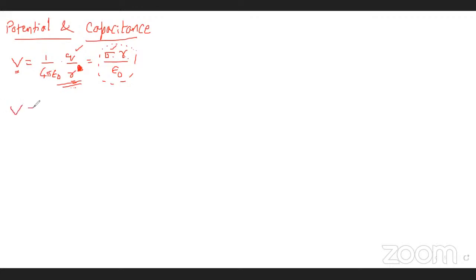What is the potential formula for the dipole? It is 1 by 4 pi epsilon naught into p divided by r square.